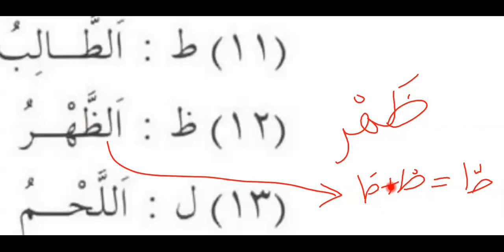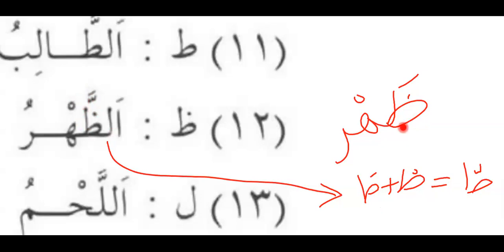Okay, question. From dhahrun, just one dha, then ha, then ra. How did one dha become two dhas, just because you had alif and lam? Where did the shadda come from? Instead of saying shadda, let's just say two dhas, because dha shadda is two dhas, ra shadda is two ras, ba shadda is two bas, right?